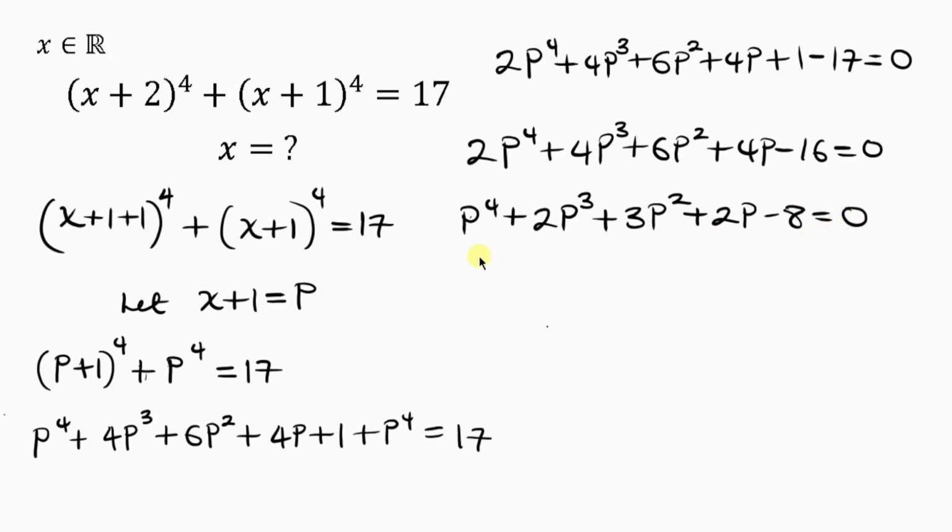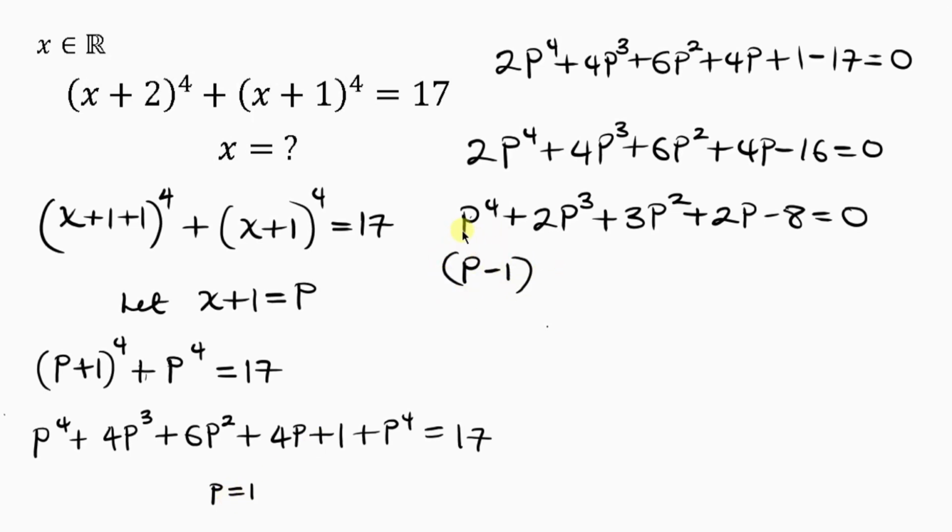Now we have a quartic equation. Now I'm going to be using the factor theorem to solve this quartic equation. Now when I substitute p equal to 1 into this expression, you notice that I'm going to be getting 0. So therefore, p minus 1 is a factor, because when I move 1 to the left hand side, it becomes p minus 1. So that is what I have as a factor.